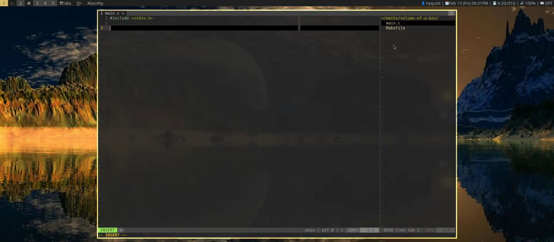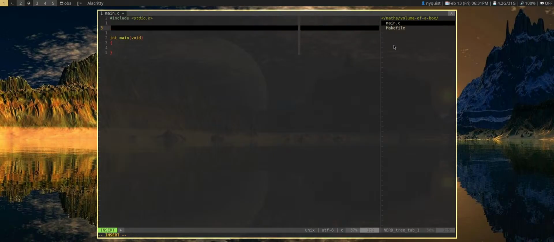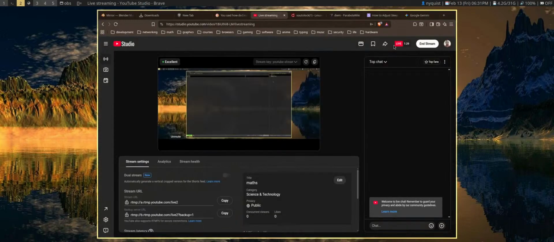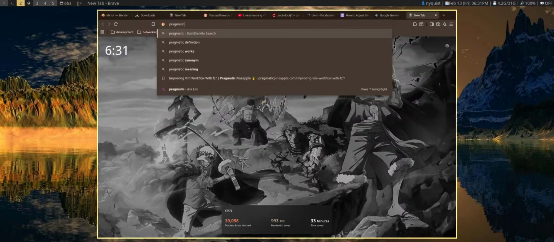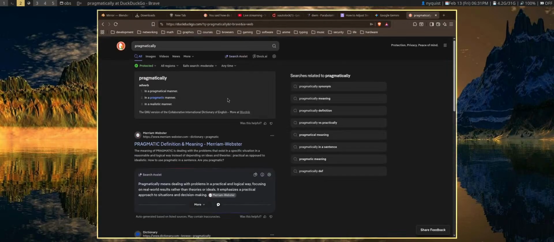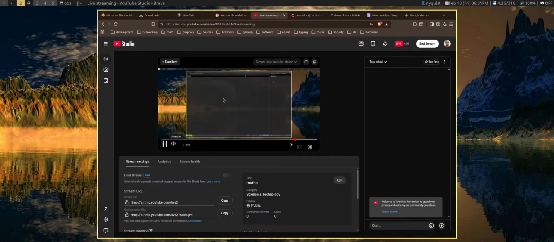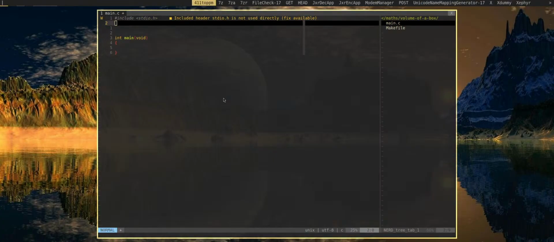It's literally called Calculus for Dummies, but I'm going to see if I can solve this problem programmatically. I butchered that word, but yeah, I guess it's a word.